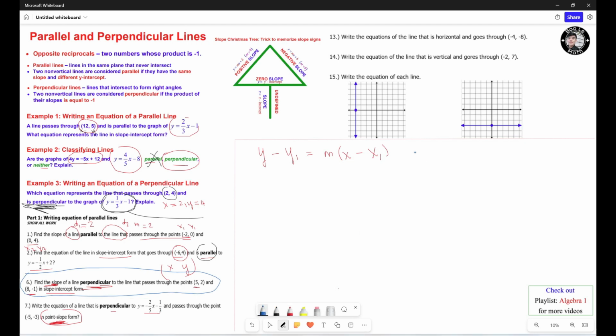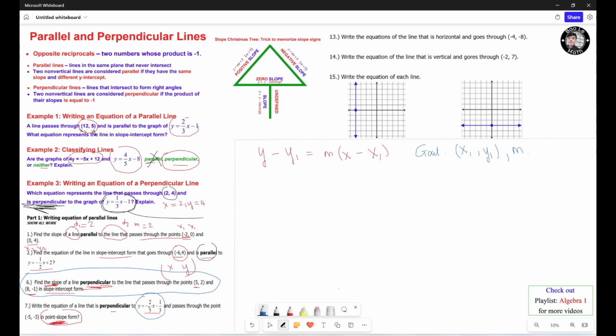Given point slope form, our goal is, first, you need to find x1, y1, which is the point that the line passes through. Second, you need to find the slope, because the equation of the line right here is perpendicular to this line right here. So if two lines are perpendicular, their slopes should be opposite reciprocals.